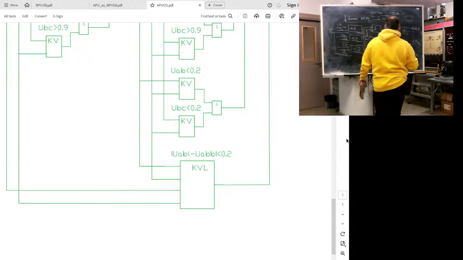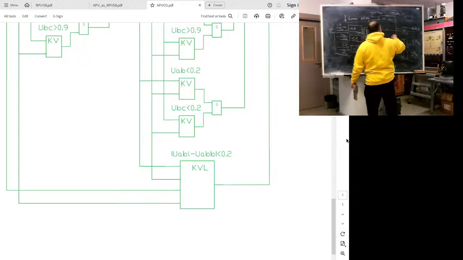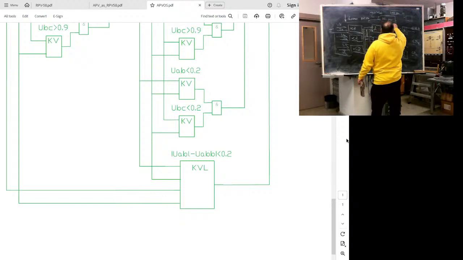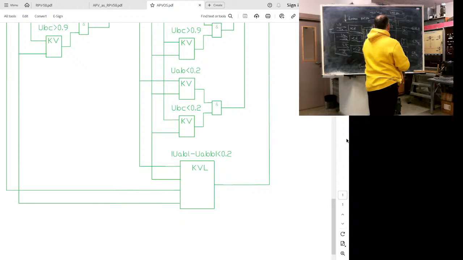We get 0 here, nothing will go here, so we need 1. We're getting 0 here, and from protection we have second stage, and we have a signal from protection.